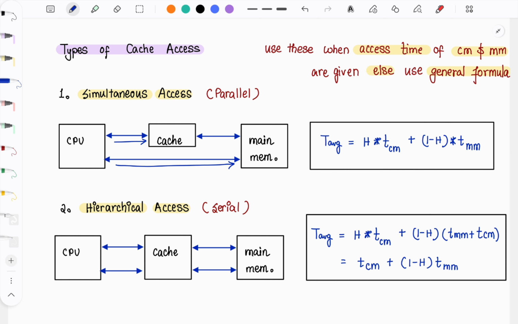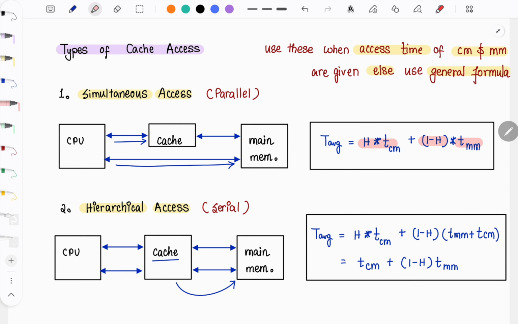However, in hierarchical access, it first goes to the cache, and afterwards it goes to the main memory. So there will be different formulas for each of them. For the simultaneous access, we multiply the hit ratio with the time required for access in cache memory, and we multiply the miss ratio with the access time of the main memory.